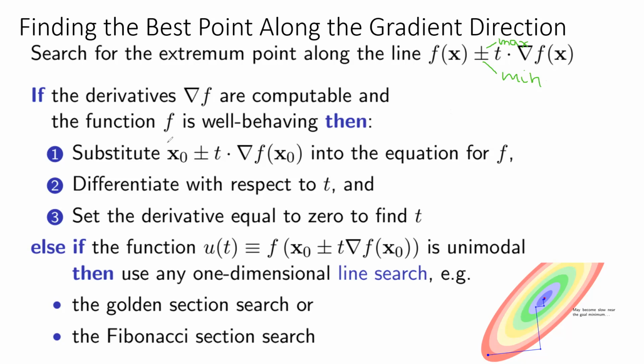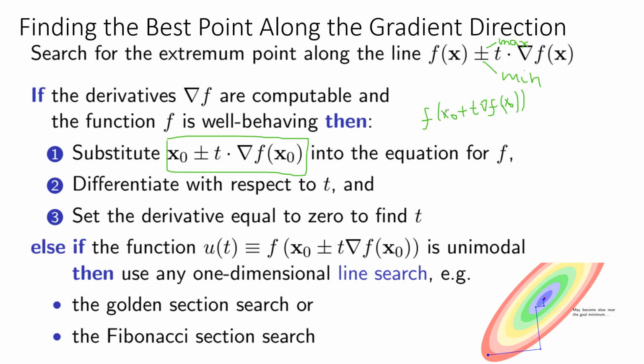We calculate this as a function of t and substitute it inside of f. So we have f of x0, let's say we want to find the maximum, plus t times the gradient of f at x0. Everything here, except for t, is a fixed value because x0 is a point. The gradient of f measured at point x0 is also a vector, and t is just a variable.